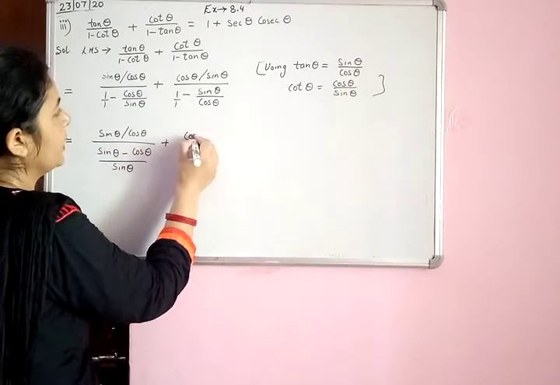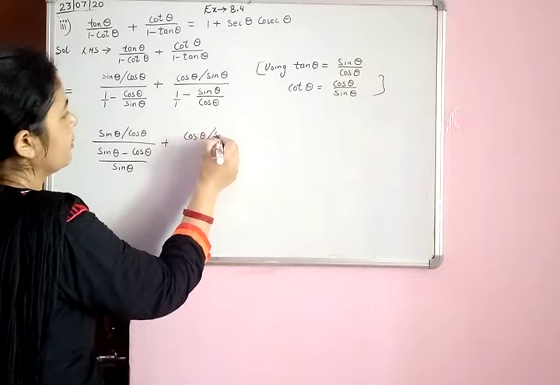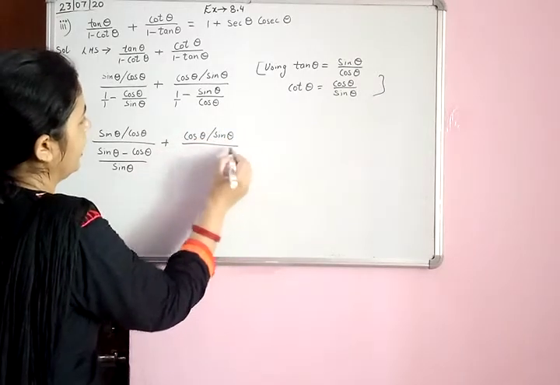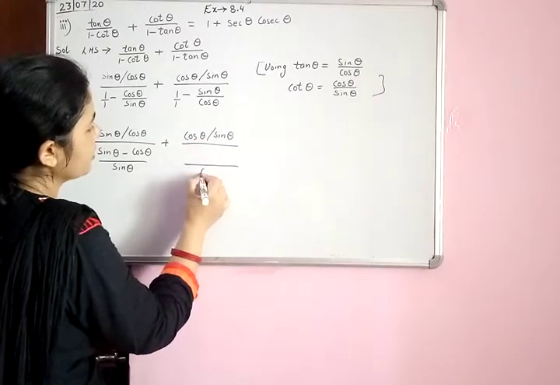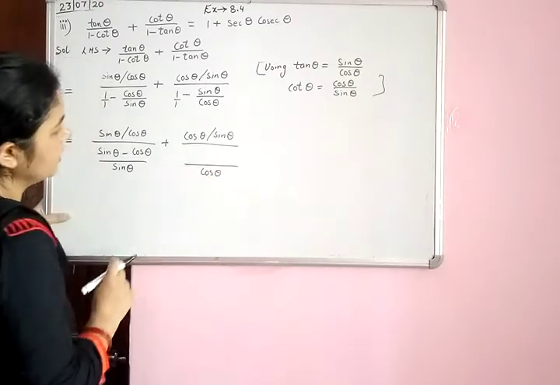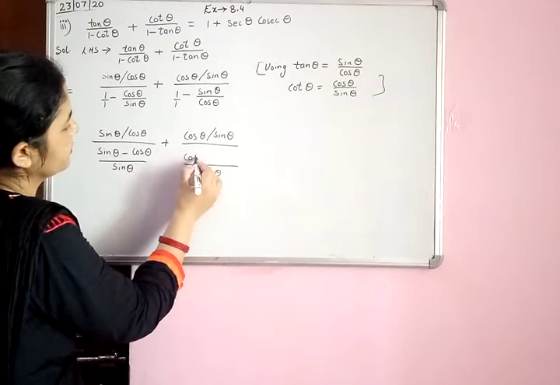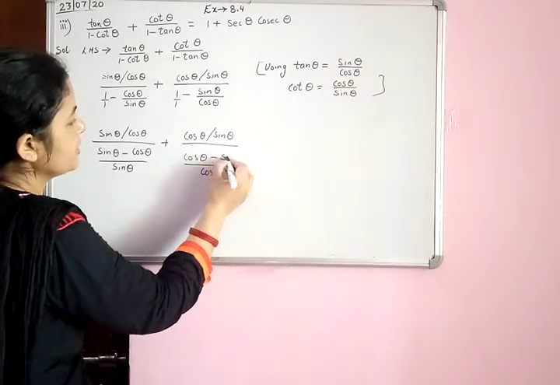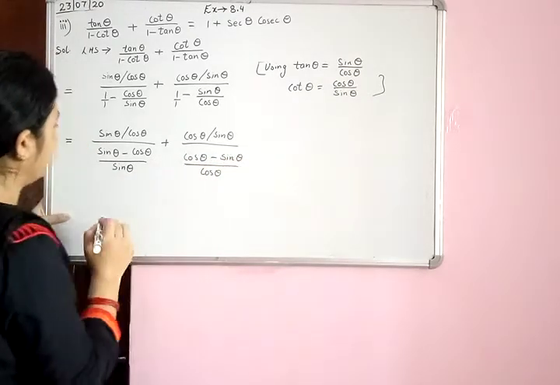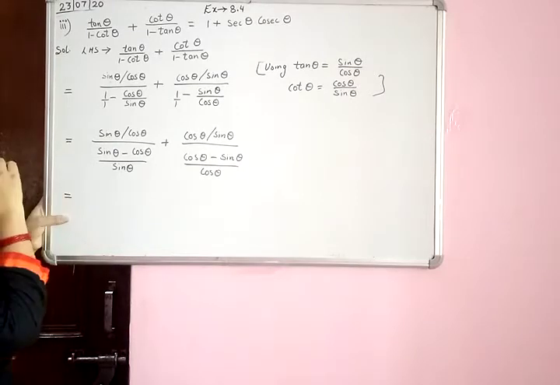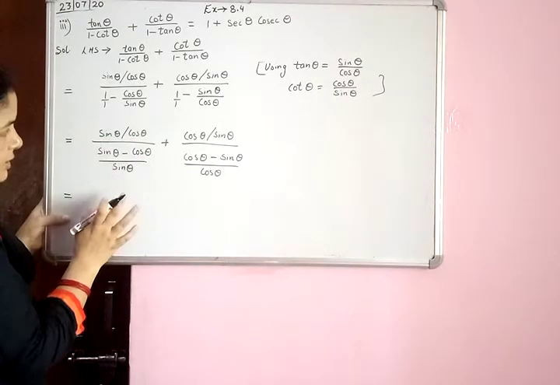Same here, numerator is same, cos theta upon sine theta, and in denominator LCM of 1 and cos theta is cos theta. Now if we simplify this, 1 into cos theta minus sine theta. Okay, now look at here, it is sine theta upon cos theta.